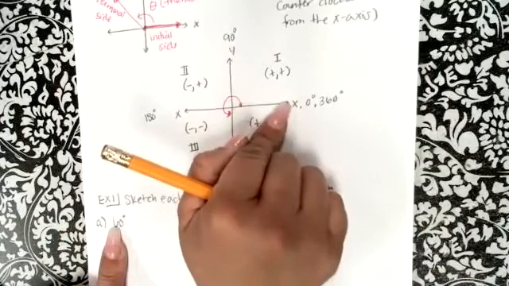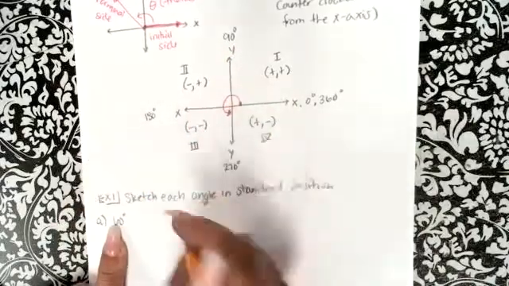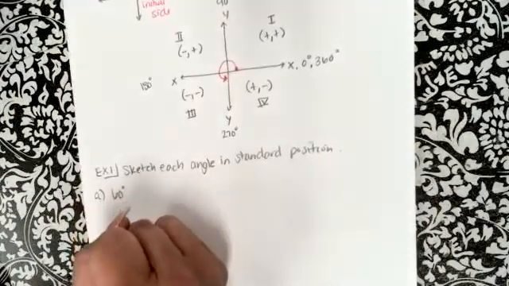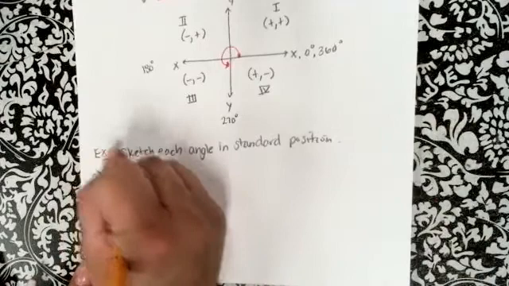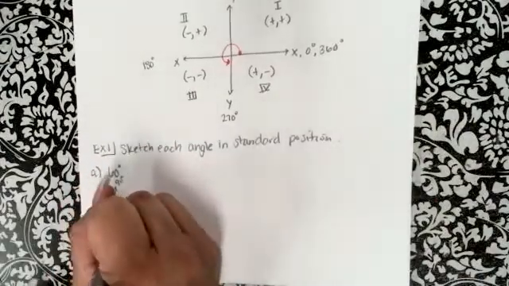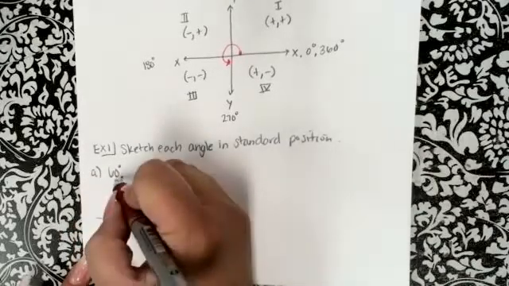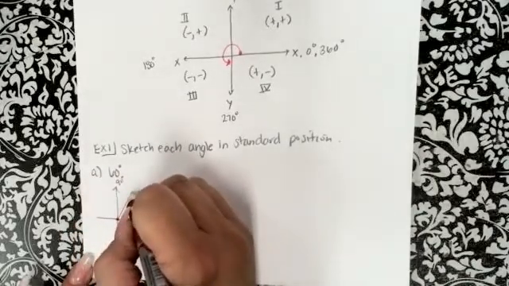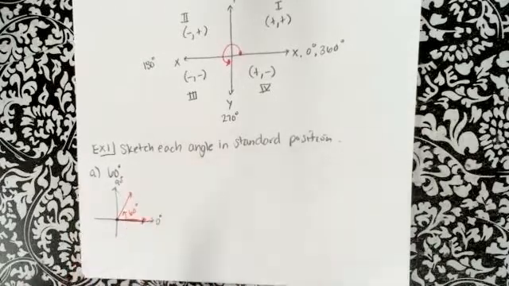And if you think about it, if you separate the 90 into 3 sections, it's about 2/3 of the way up. So here, this is going to be my 0 degrees. This is my 90 degrees. We are starting here on the x-axis. Now 60 is going to be about 2/3 of the way up. So that's going to be our 60 degrees.